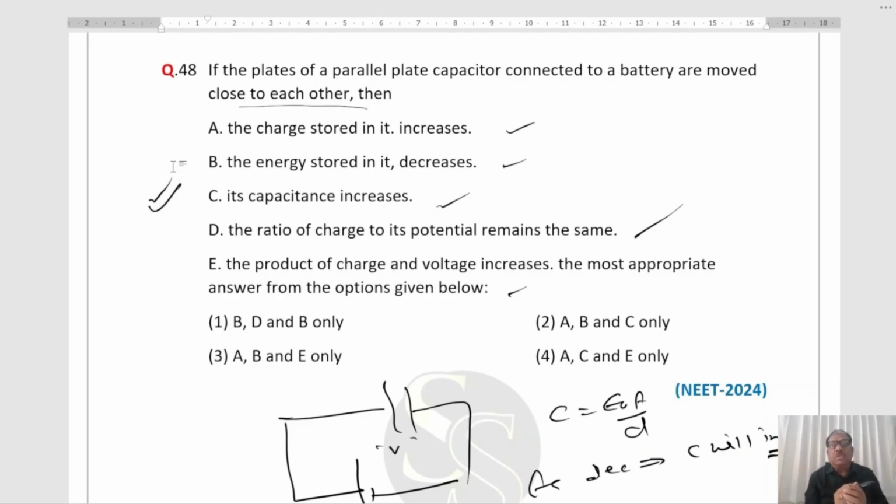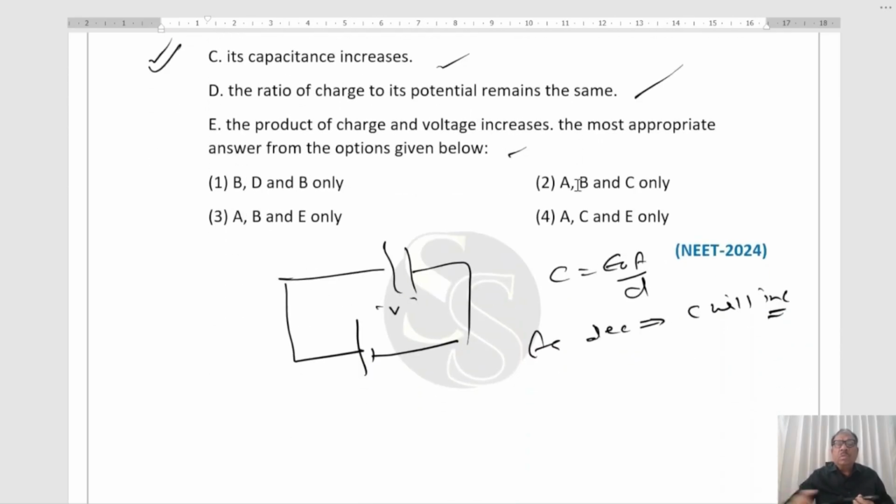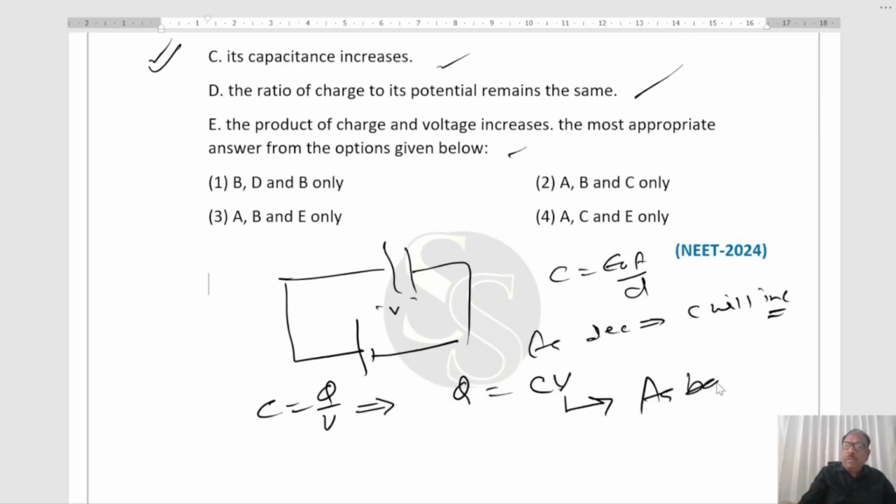One of the options is correct. This is increasing. Next, A, the stored charge increases. Let's see. You know, C equal to Q by V. Q equal to C into V. As battery remains connected, therefore V will be constant.